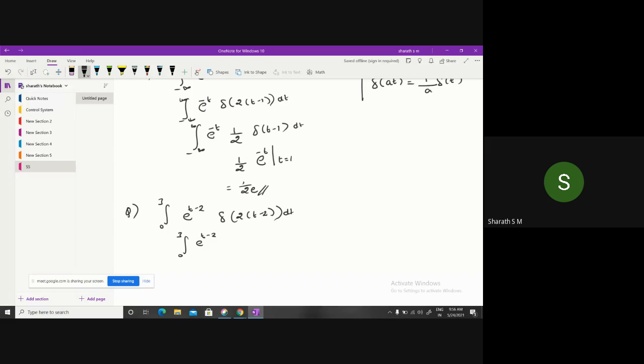Delta of 2t minus 2, delta of at, can be written as 1 over a, so what does it become? 1/2 into delta of t minus 2, dt. Now e power t minus 2 where t is equal to 2, so 1 over 2 into e power 0, that is equal to 1 over 2.